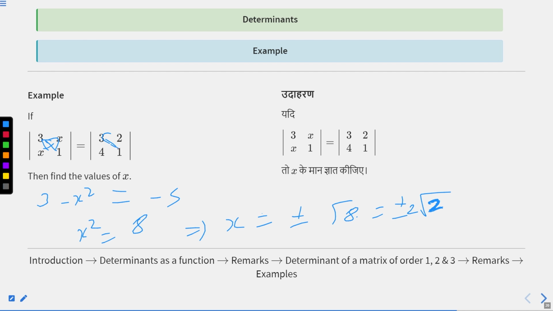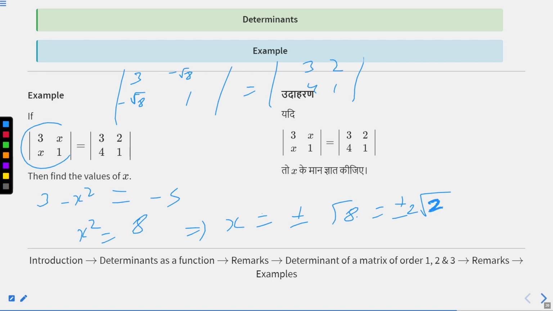If you pick root 8, then x can work with this root 8. And if you pick minus of this, then this will also be good. This does not contradict anything.